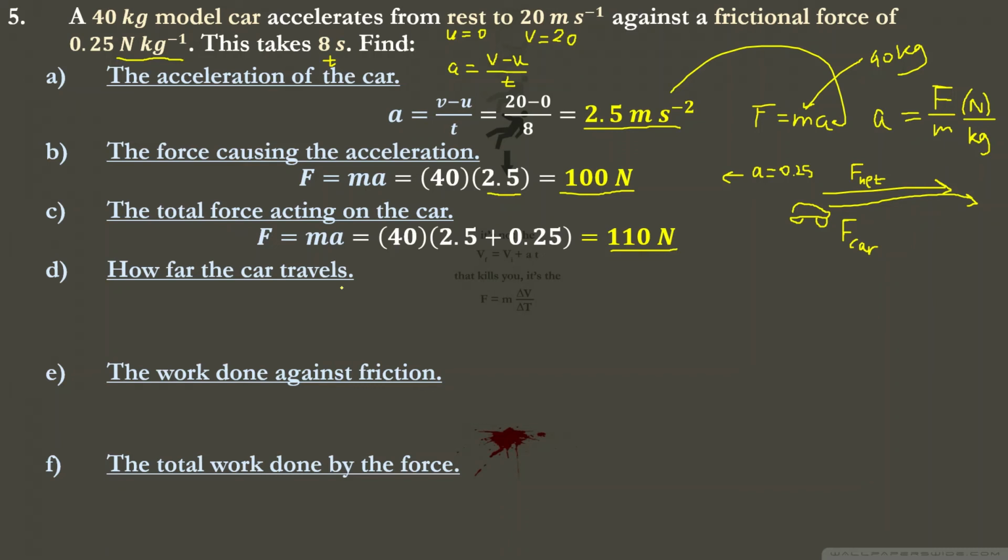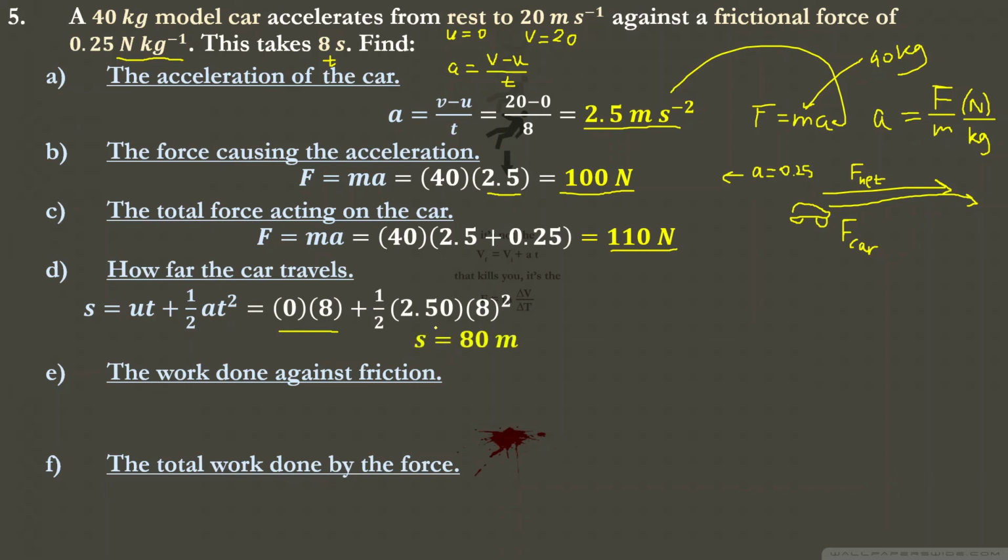Question D, how far does the car travel? We can work it out using kinematics. So ut plus half at squared. Originally, because it is stationary, u is 0. So it's just half times 0.25 times 8 squared. Okay, we're using 2.5 as the acceleration because that's the actual acceleration the car was experiencing.